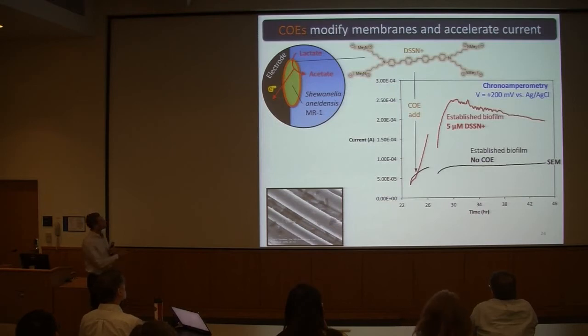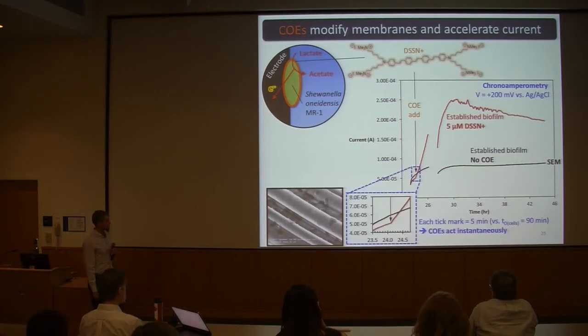But then when I add DSSN or another conjugated oligoelectrolyte to the system, I see a rapid boost in the current output. And if you zoom in even farther, you can really see that it occurs in a matter of minutes, seconds, compared to the doubling time of a S. oneidensis culture in minimal media, which is upwards of 90 minutes.